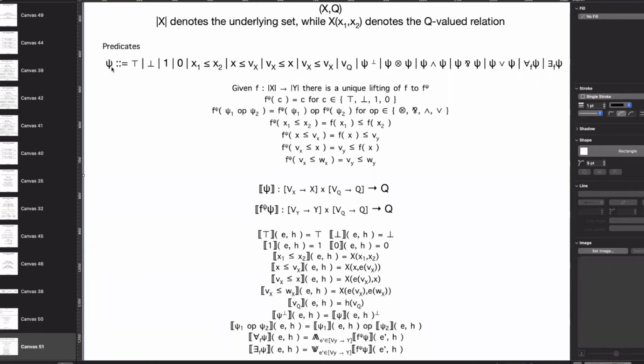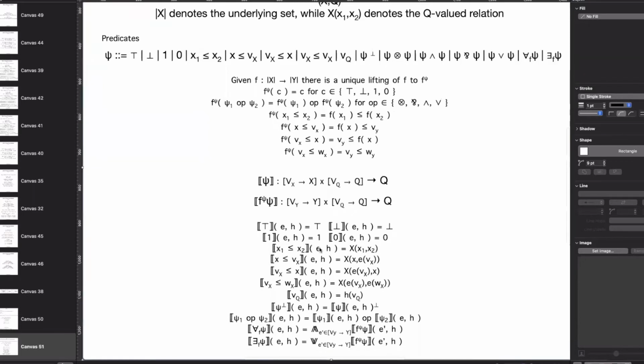of a formula phi is going to take two additional parameters, not just phi, but an environment for the X variables and an environment for the Q variables. E is going to say how to interpret your X variables, and H is going to say how to interpret your Q valued variables.